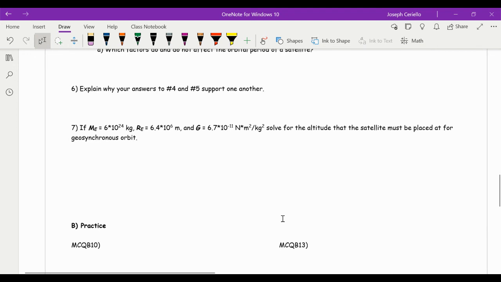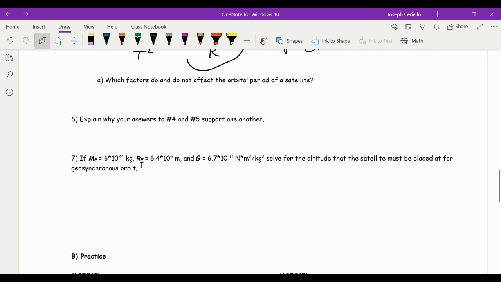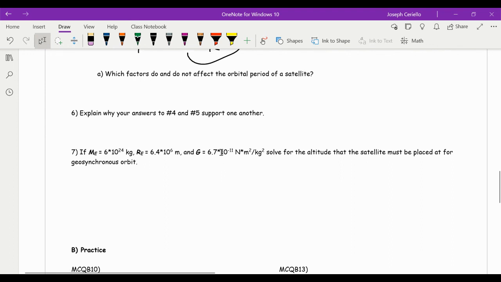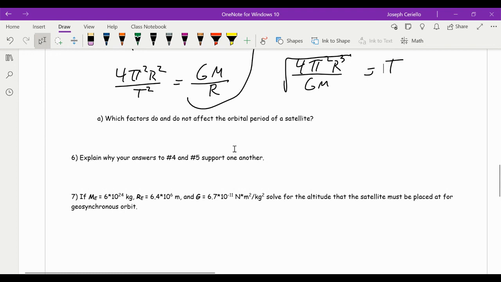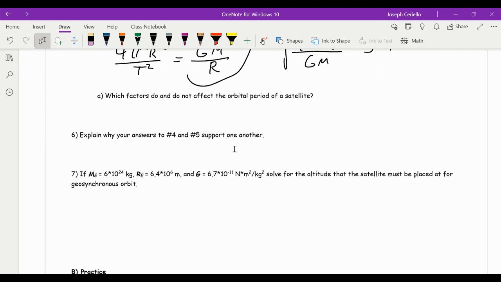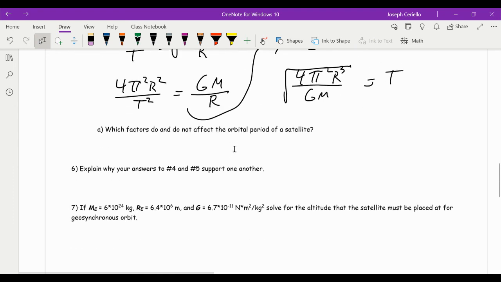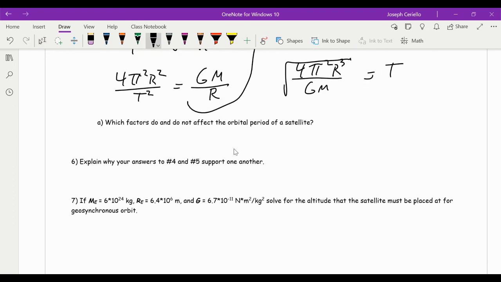So what I want you to do right now, and you can do this on your own, is use these values. This is the mass of the Earth, the radius of the Earth, and the value for the gravitational constant, and I want you to solve for the altitude that the satellite must be placed at to be in geosynchronous orbit. So you're going to use this equation here.